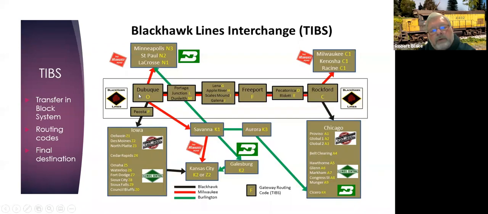Several other smaller towns. We make it to Dubuque, Iowa, which is another division point. And after leaving Dubuque, we travel toward Iowa staging. The BN crosses and actually shares trackage with the Blackhawk for a short distance through Portage Junction and Dunleavy, and then it travels on into Savannah.